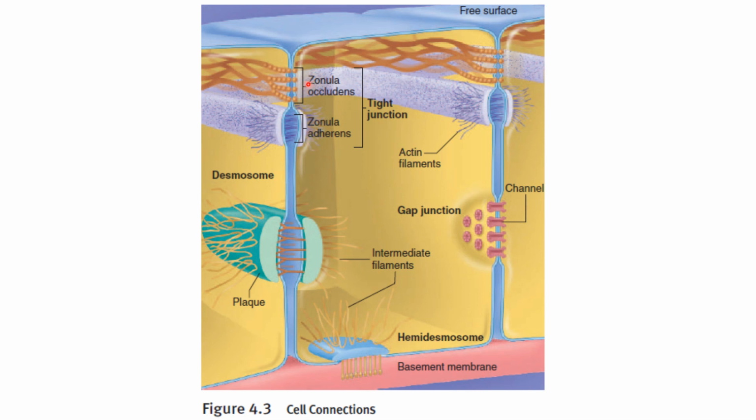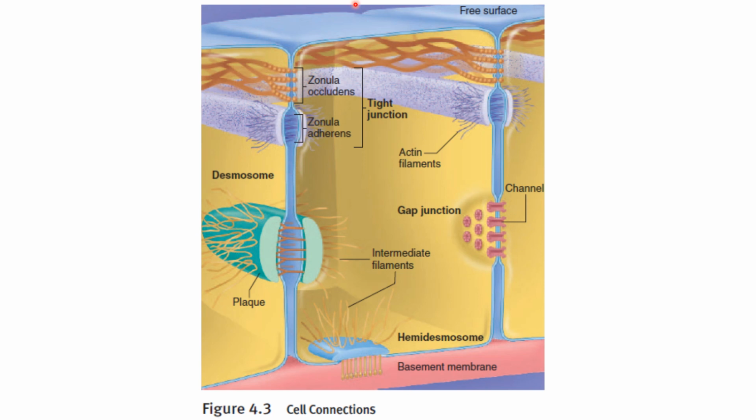Tight junctions are connections between the membranes of two cells. Tight means they are very strict. They stitch two membranes together and do not allow passage of substances between the two membranes.